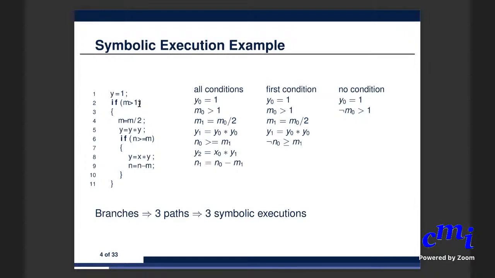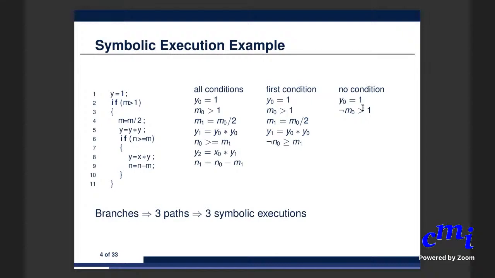For example, after line 2, m is greater than 1 is true, or m is greater than 1 is false. The third scenario is one in which even the first condition is false. There's no question of executing the rest of the program at all. You'll be at line 1. So these are the three.